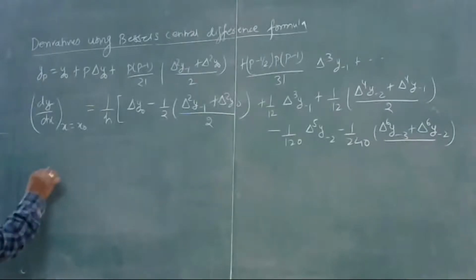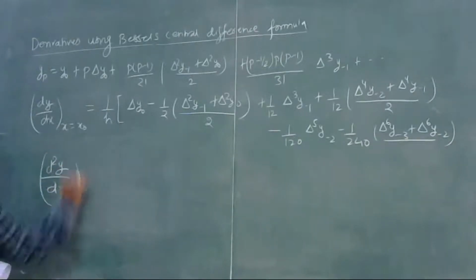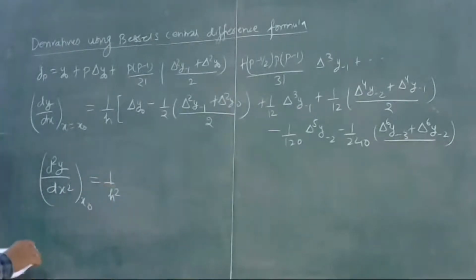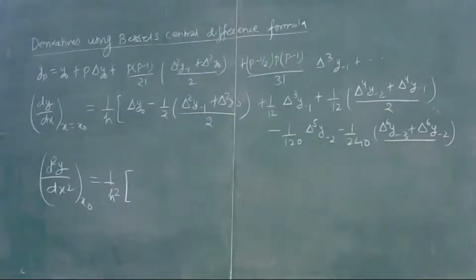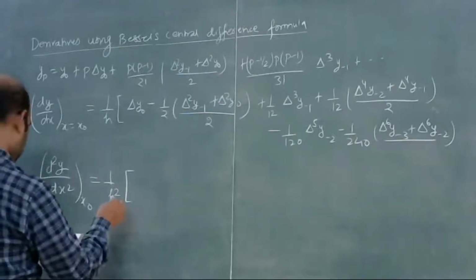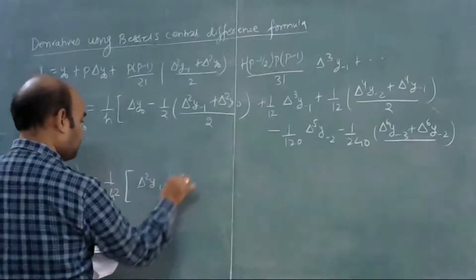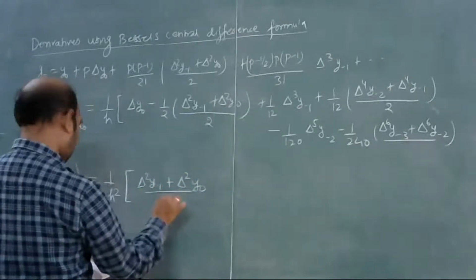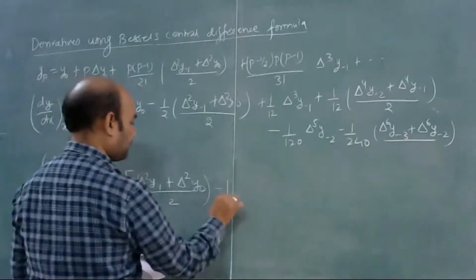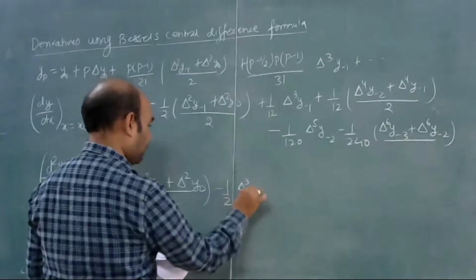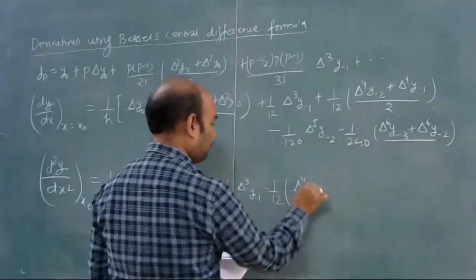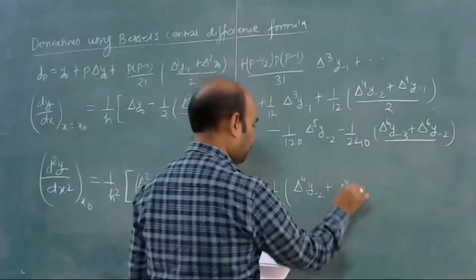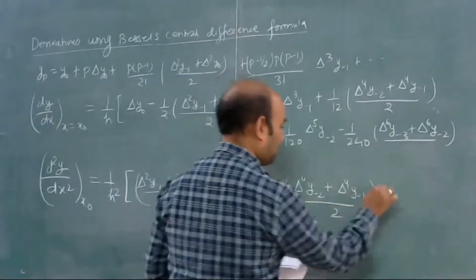Okay, so d square y by dx square at x naught, which is square del square y minus 1 plus del square divided by 2, minus r del cube y minus 1, minus 12 into the power 4 y minus 2 plus del to the power 4 y minus 1 divided by 2.